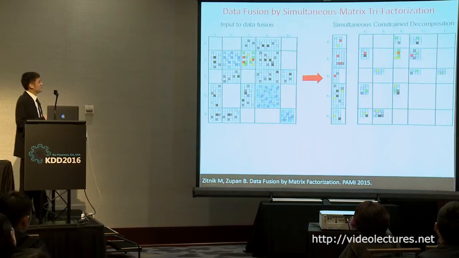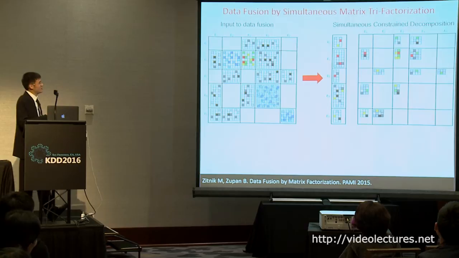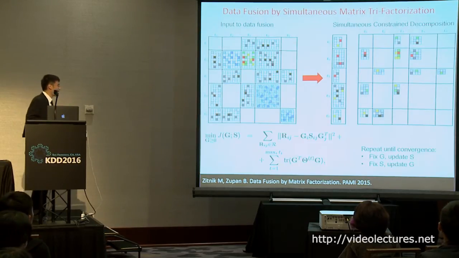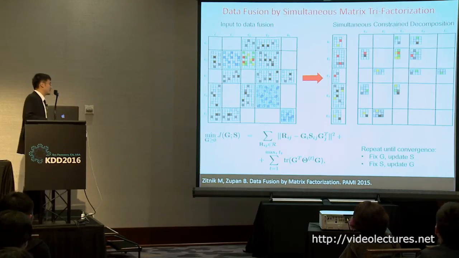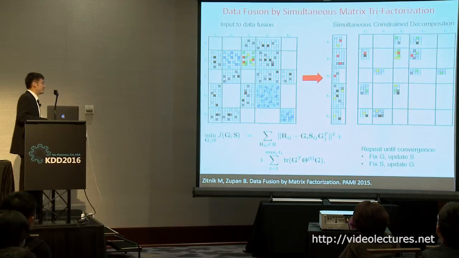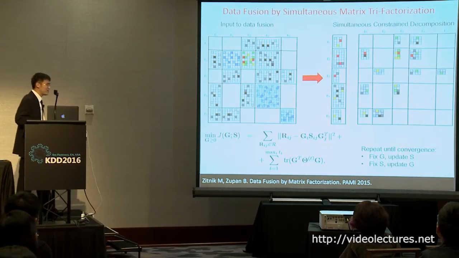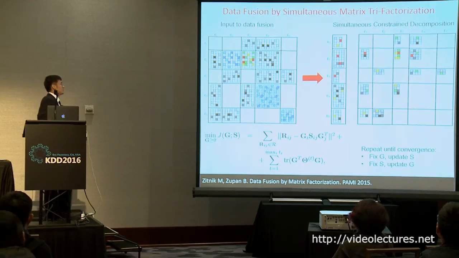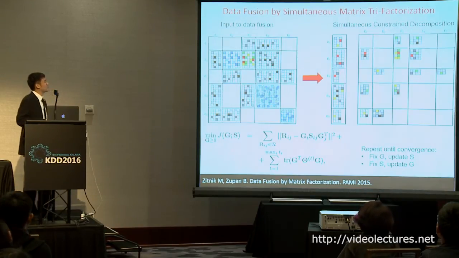For example, they have 5 different domains, then they have 5 different recipes, and for each link, they decompose it into a backbone matrix, basically. To solve the problem, they just extend the matrix tri-factorization. Basically, they fix G and update S, then fix S and update G. So this is very comprehensive.